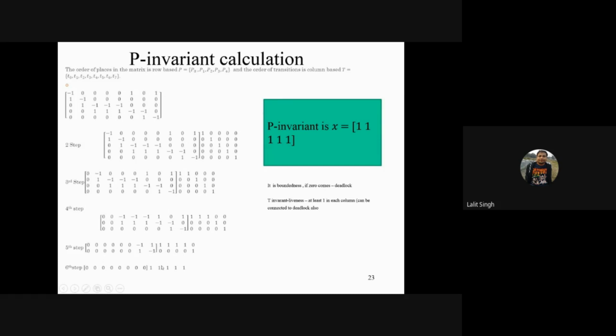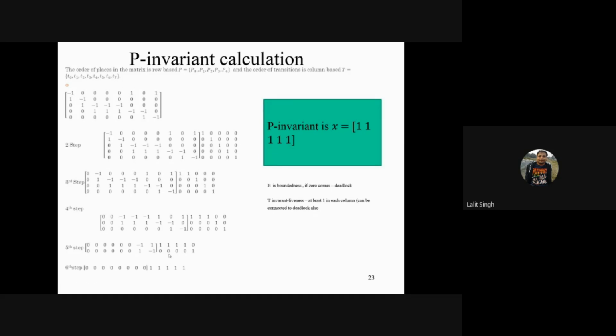If any element of this row would have been 0, it would have been a deadlock, some glitch. So now there is no security threat. Basically it ensures liveness, and it checks whether some deadlock is there or not.